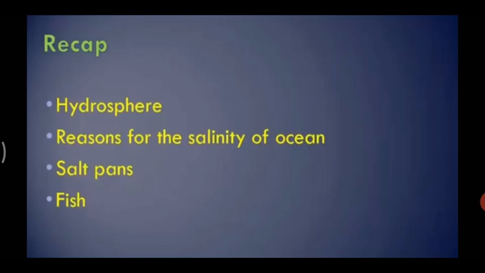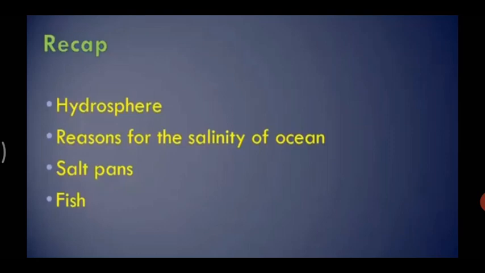Then we learnt about salt pans, how salt is collected in the salt pans, and the process of it. And lastly, we learnt about the varieties of fish found in the sea.